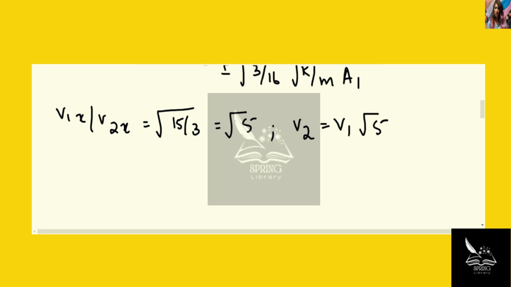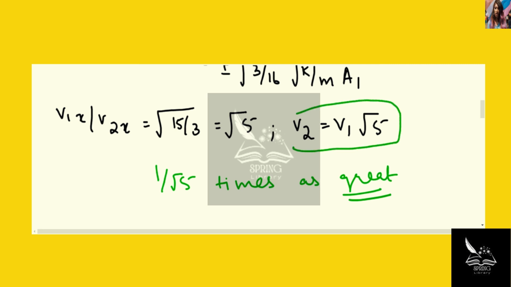What does it mean? It means that the speed at this x is 1 by root 5 times as great. This is how we find the relation, or relate between two quantities. How are they related to each other? Understood this one?